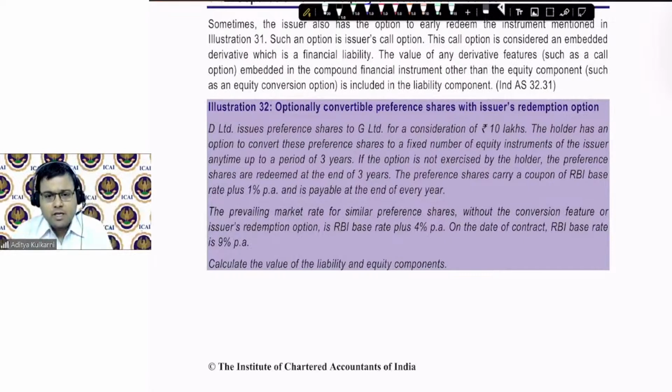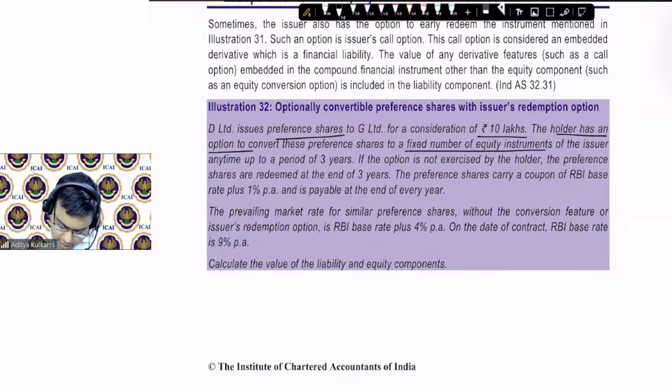D Limited issues preference shares to G Limited for a consideration of 10 lakhs. The holder has an option to convert these optionally convertible preference shares into a fixed number of equity instruments anytime up to a period of 3 years.